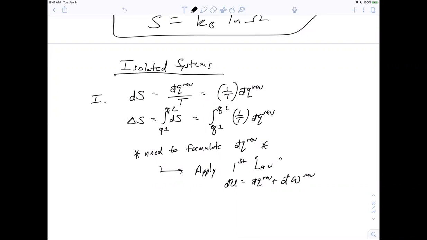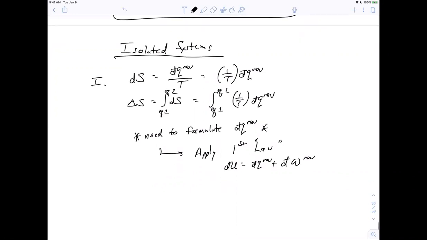So for a given process, you apply the first law, you isolate some expression for dQ reversible in terms of whatever is known about the problem, and then you can stick that dQ reversible into the expression for delta S, and you can compute delta S. Okay, so this is really a mechanical prescription for computing delta S. And here the very important caveat was that you need to have a reversible process in order to determine delta S, even though your actual process may be irreversible. Okay, so you have to construct something.